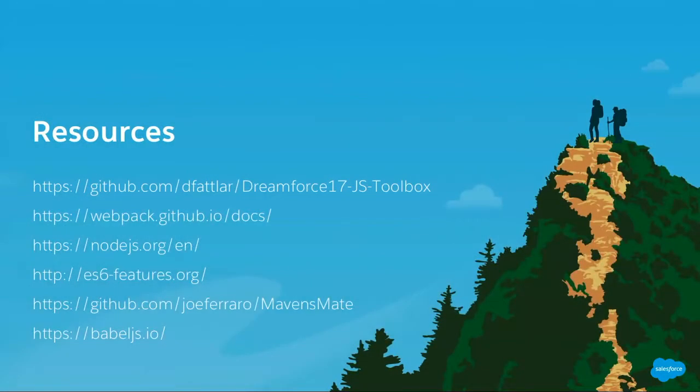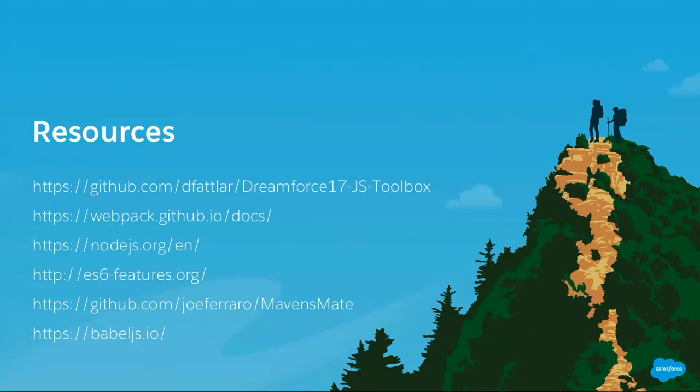Cool. So here are some resources for understanding all the tools that were involved in this process. At the top, again, is that GitHub repo where we have the full blog post that runs you through all of the different steps in detail. I also have the Webpack docs, Node.js, where you can download Node and NPM and have that running globally on your system.